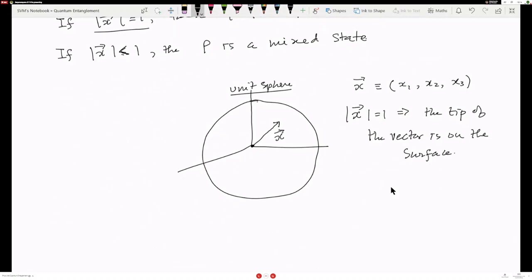And we have already seen that in the Bloch sphere, all pure states are points on the surface of the Bloch sphere.